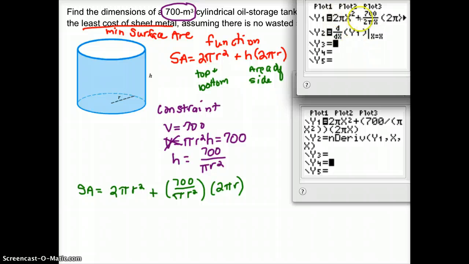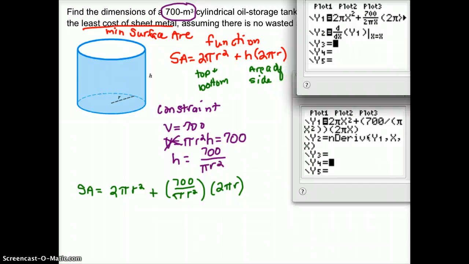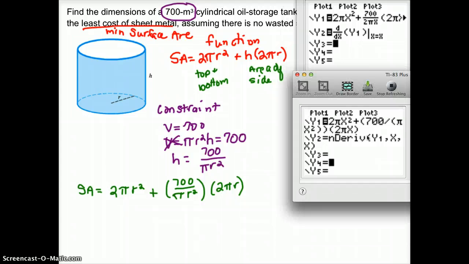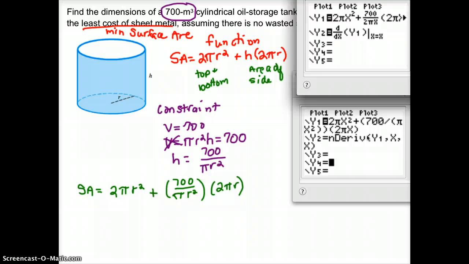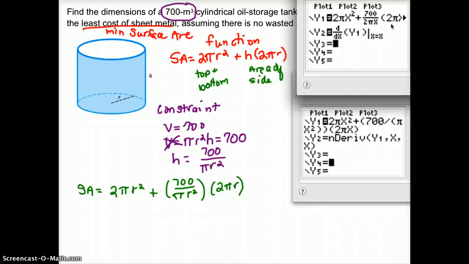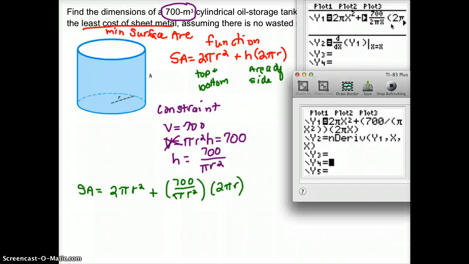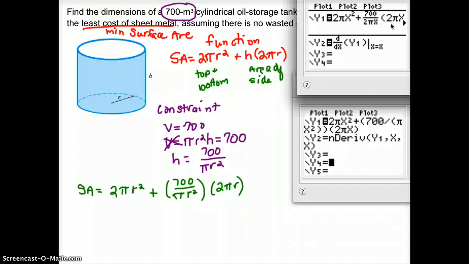This screen right here is from the TI-84, and the screen down here is from the TI-83, so it depends on which type of calculator you have. They're going to flip back and forth just because they're on auto refresh. Remember though, on the 84, we can build fractions, so that's what I did here, using the alpha F1 command, and then I put the 700 over.